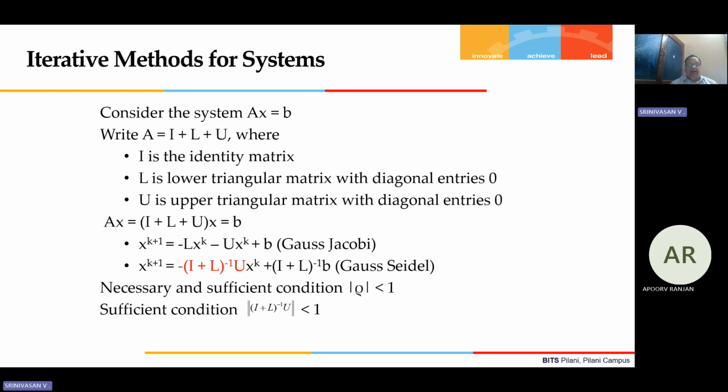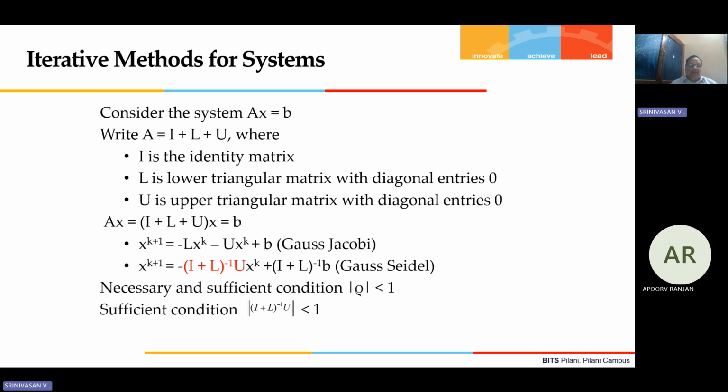So the sufficient condition for convergence for using Gauss Seidel is that your coefficient matrix be strictly diagonally dominant. The same is the case with Gauss Jacobi also, that is for proceeding with the method.